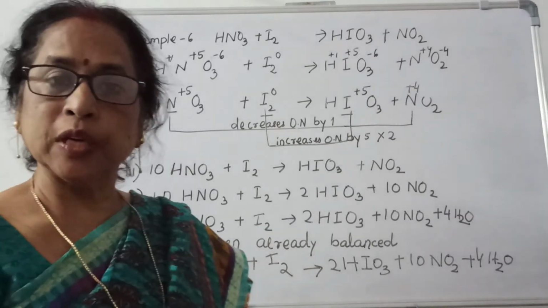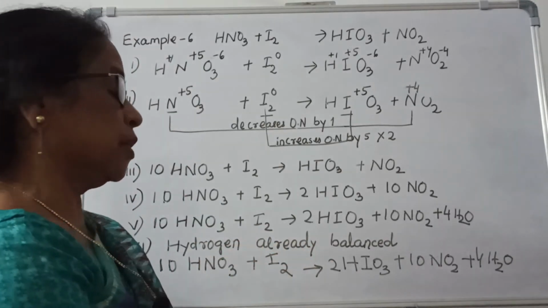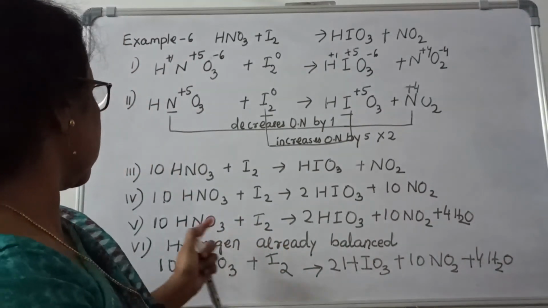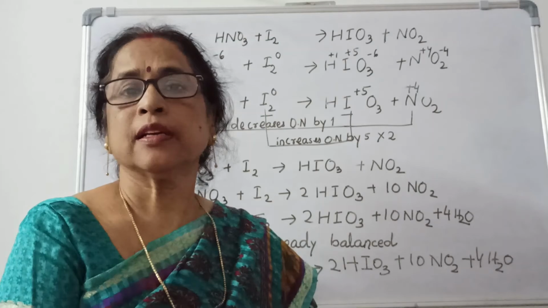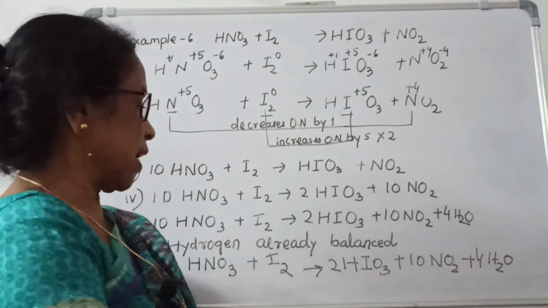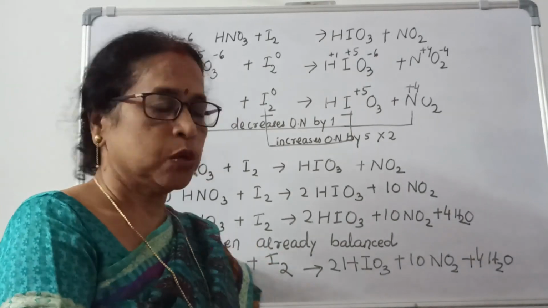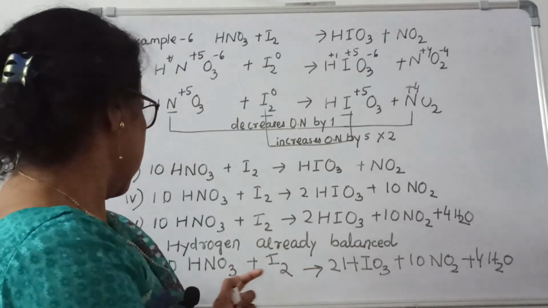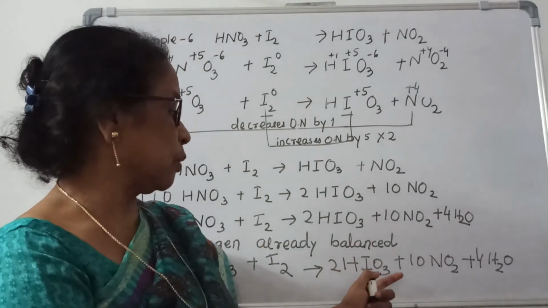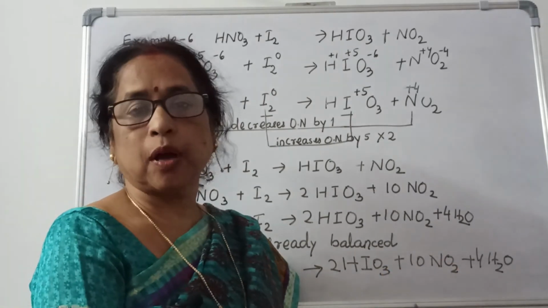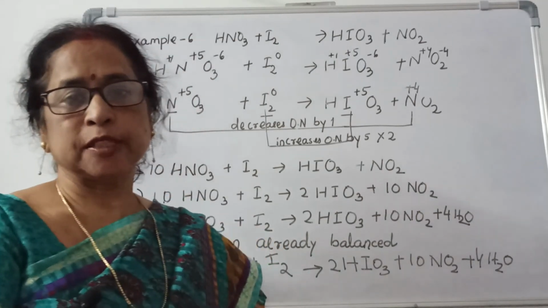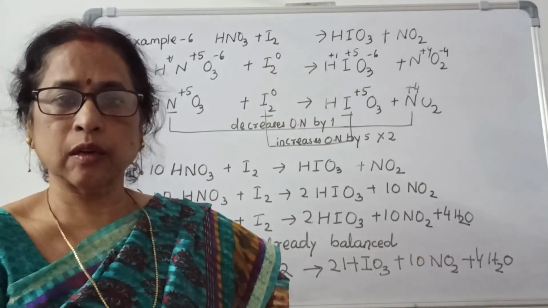After that we observe the hydrogen balance. It is already balanced on both sides, 10 hydrogen on the reactant side and 10 hydrogen on the product side. So the final equation is 10HNO3 plus I2 gives 2HIO3 plus 10NO2 plus 4 water. That means this equation is now balanced by the oxidation number method.